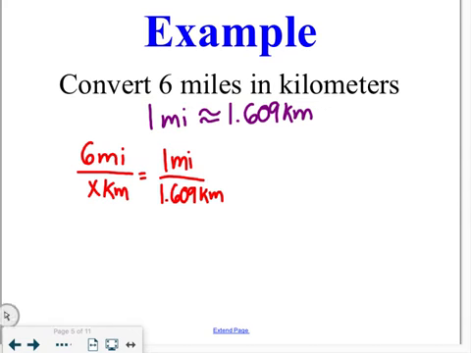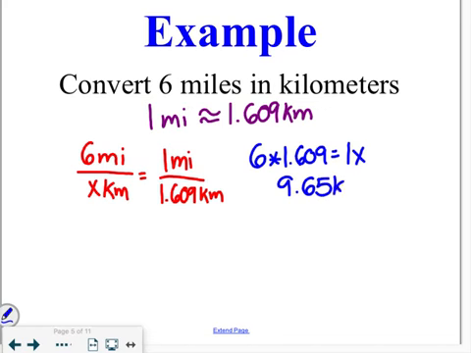Same units in the same part of the fraction. Using cross product property to solve, we end up with 6 times 1.609 is equal to 1x, and we end up with a final answer of 9.65 kilometers is equal to x.